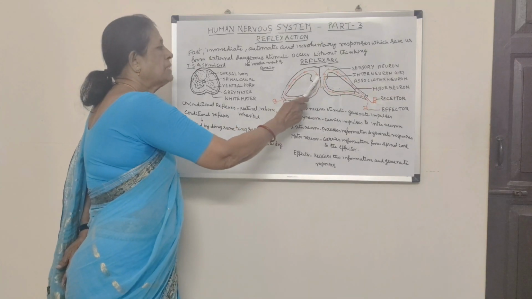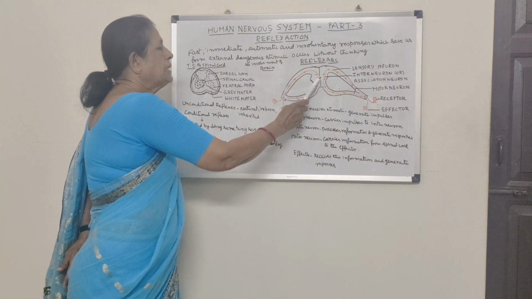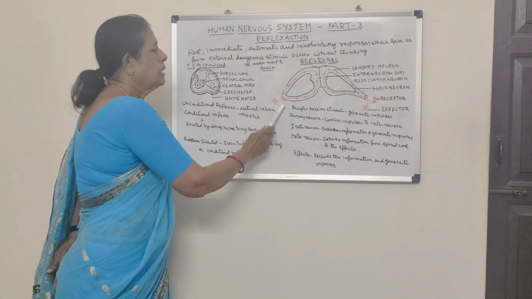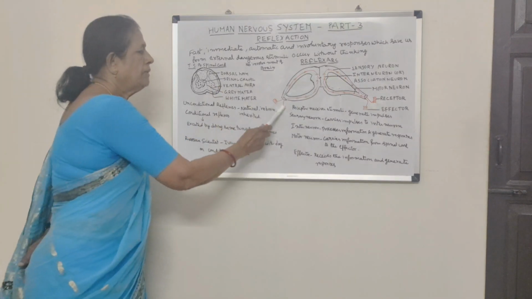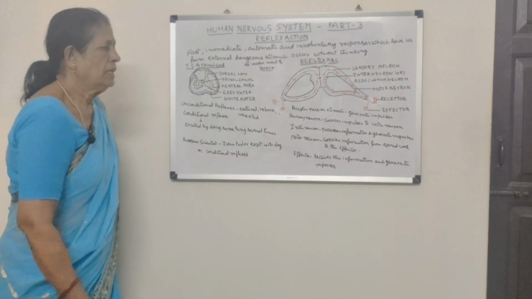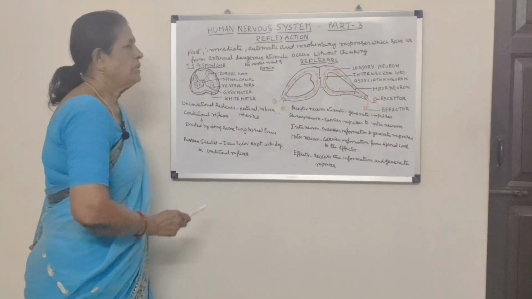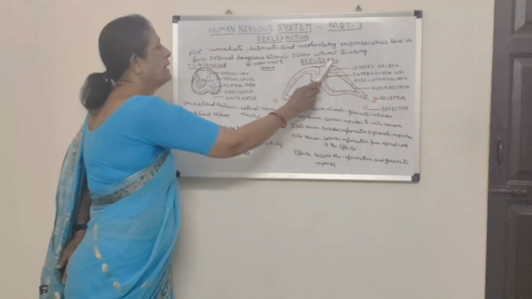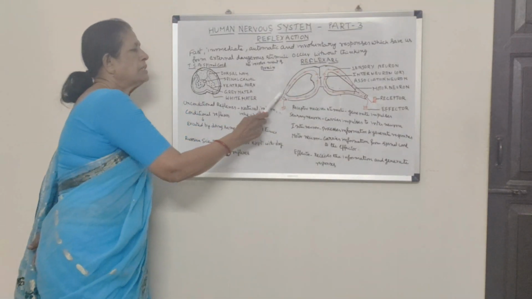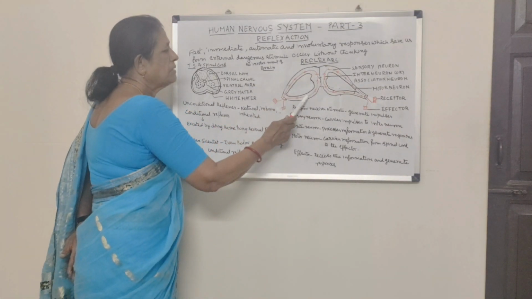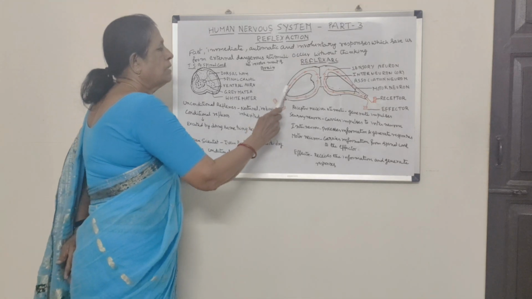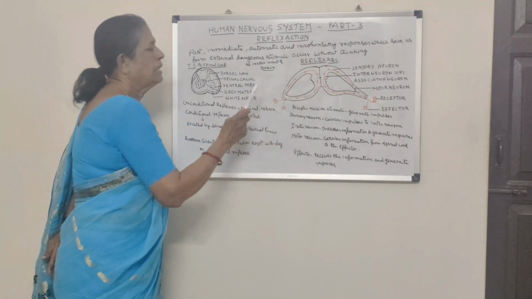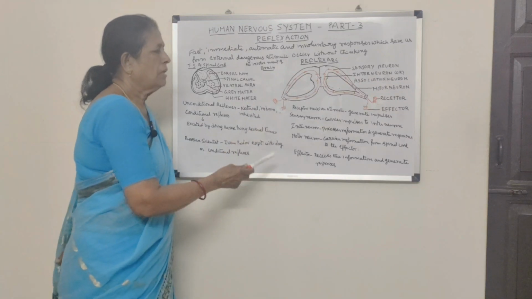It analyzes the situation, immediately generates impulses and sends them through the motor neuron to the effector, and the effector executes the action. All these components involved in the execution of reflex action make a reflex arc. Here you can see this is the dorsal horn, this is the ventral horn. Through the dorsal horn, the sensory nerve enters, and through the ventral horn, the motor nerve exits.